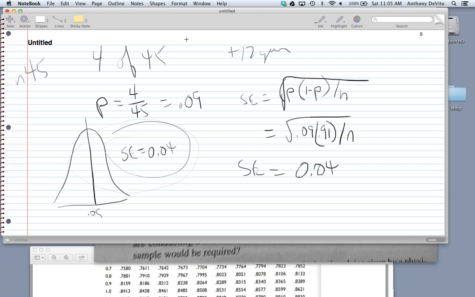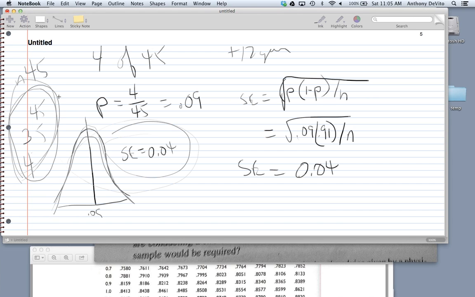Remember the binomial distribution, where I would take this proportion and use it to say, well, what's the probability that if I took a sample of 45 mothers, 3 of them would have more than 12 years of education, or 5 or more, or exactly 4, and so on and so forth. Remember that binomial distribution calculation we did before? In this case, I'm using this to estimate how this binomial outcome is distributed.